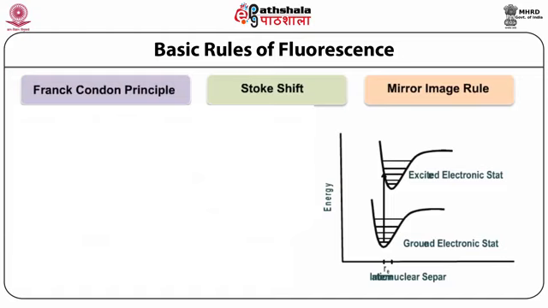First, Frank-Condon principle: the nucleus has much greater mass than the electrons, so that during the electronic transition the nucleus remains stationary but electronic configuration changes. Therefore, the internuclear separation remains same after absorption.